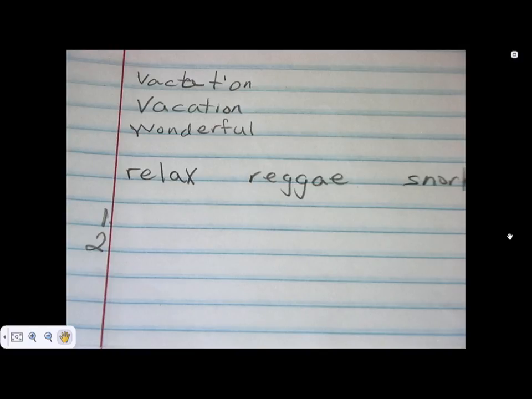Two words that tell me that Jamaica is a good place to visit. You got about 10 more seconds, and then we're moving on to question number three.